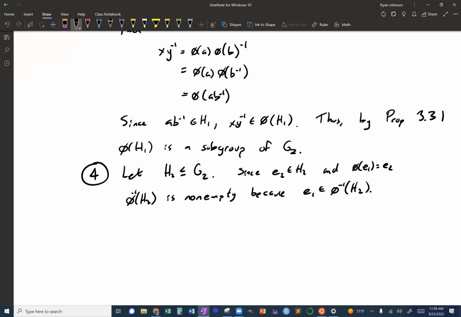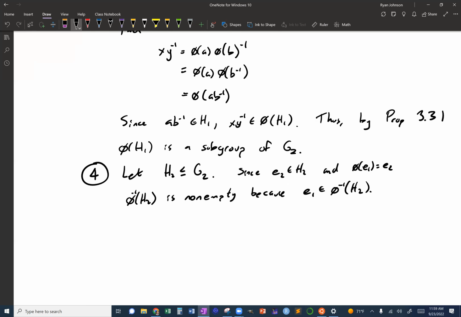Homomorphisms always send identities to identities, and subgroups contain identities. If this was only with sets, you might wonder, what if this is an empty set? When dealing with sets and functions, it could be possible for the inverse image of a set to be empty, like nothing is sent to that.